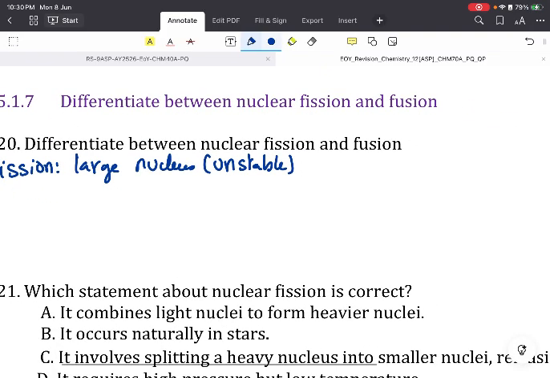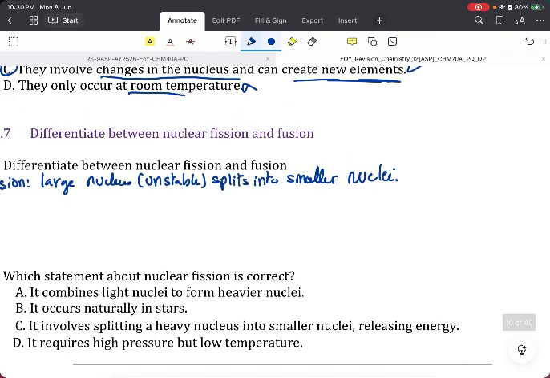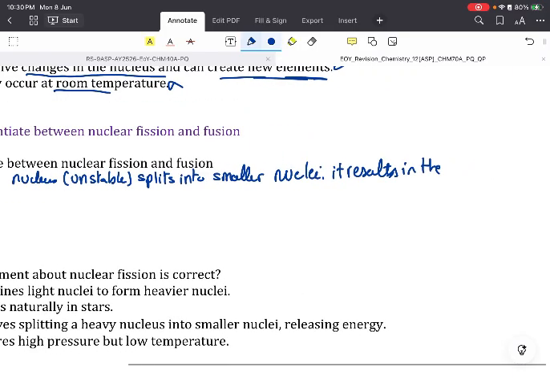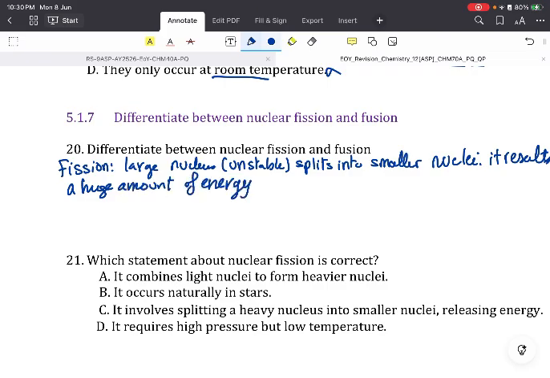It splits into smaller nuclei, and it results in the release of a huge amount of energy and radioactive particles like gamma, beta, alpha, and these particles.